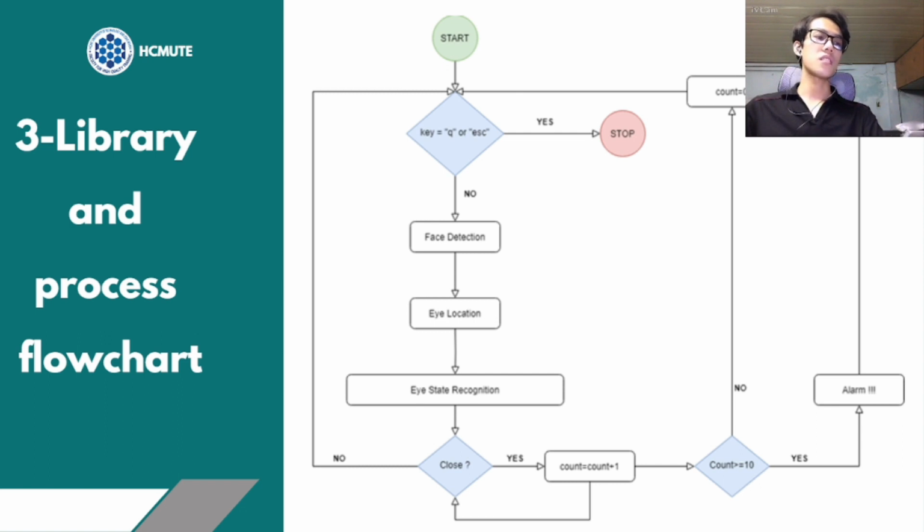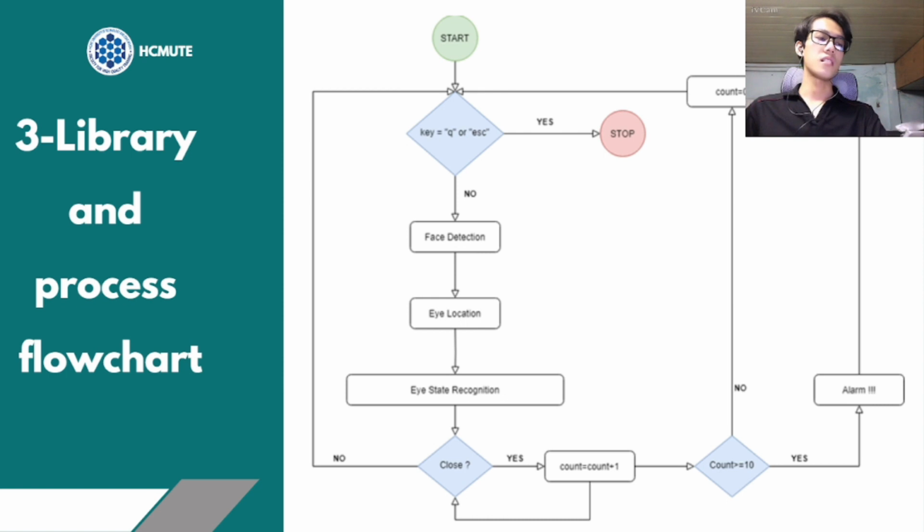yes, we're gonna calculate count equal count plus 1 and go back to check if the eye is closed. If yes, we're gonna do this again, and if no, we're gonna go back to check the key, does the key equal Q or escape or not.